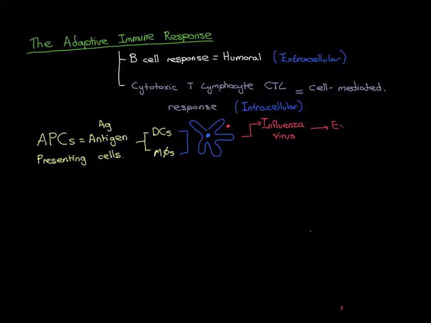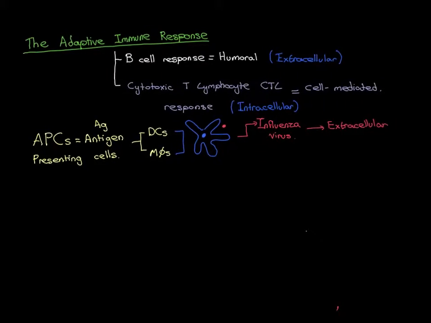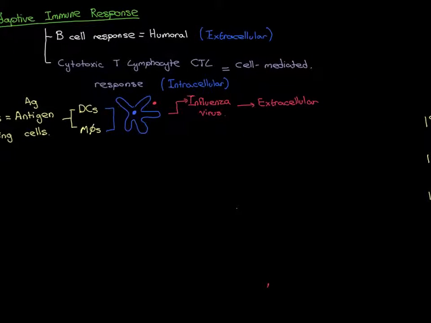So it cuts up all the antigens of the influenza virus into little fragments, and it's now going to put those fragments on its surface. Now, if it wants to initiate an extracellular adaptive immune response, i.e. the B-cell response, it needs to put the fragments on a certain type of major histocompatibility complex, and that one is MHC class 2.